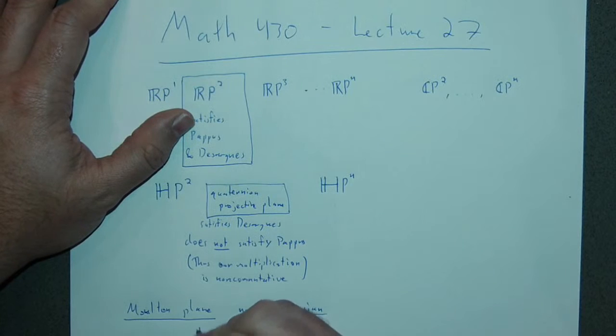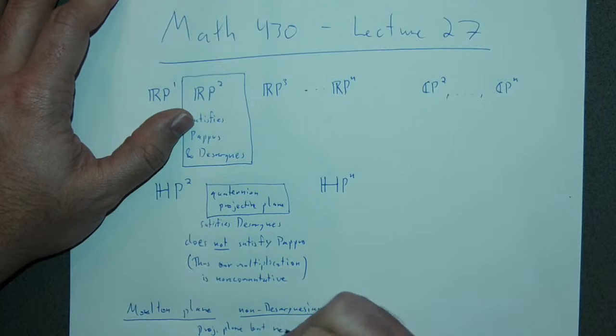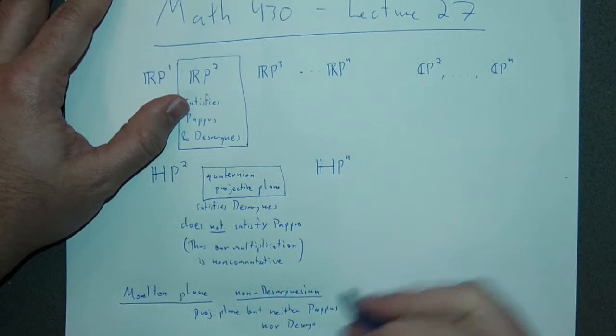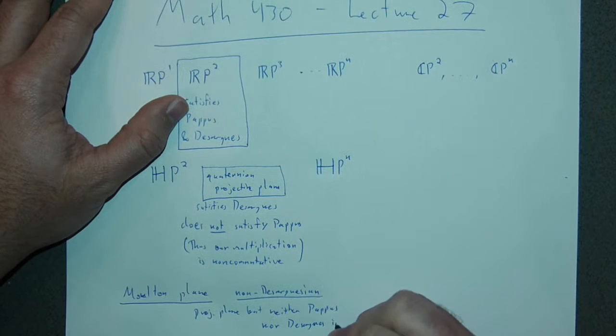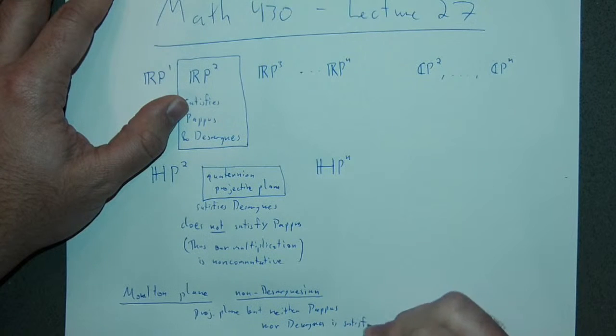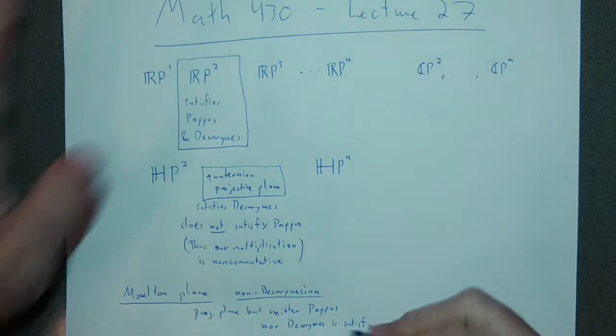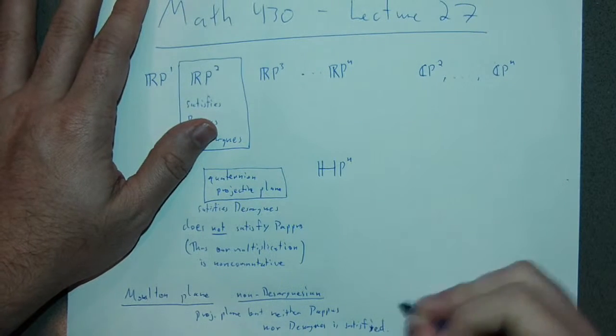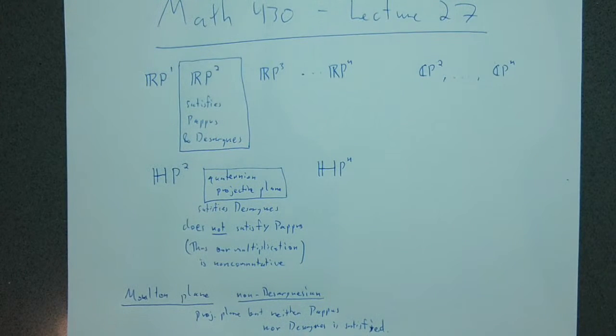So it's a projective plane, but neither Pappus nor Desargues theorem is satisfied. And I mentioned last time that Pappus implies Desargues. So if Pappus' theorem is satisfied, then so is Desargues' theorem. So that's why if you have a non-Desarguesian plane, it's automatically non-Pappian.